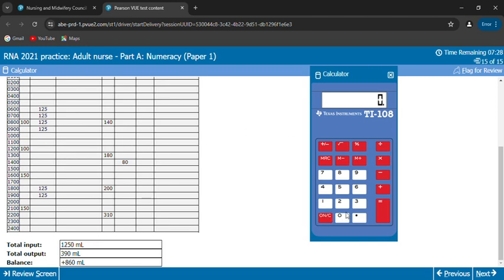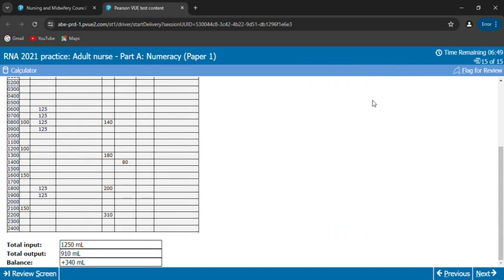What is our output? 140 plus 180 plus 200 plus 310 plus 80. Our output is 910. So we did something wrong in adding the numbers, 910. Again, if we do 1250 minus 910, our answer is 340. Our answer will be 340. So don't make these mistakes. Please do all the numericals very carefully.